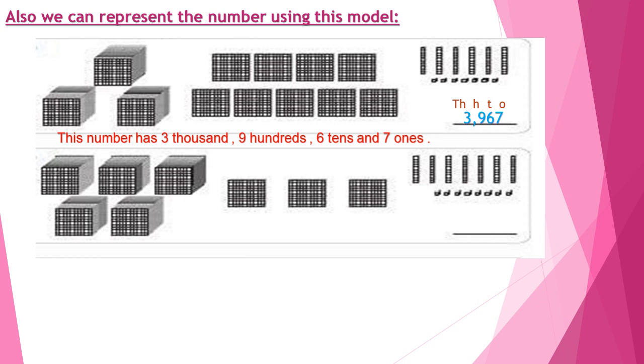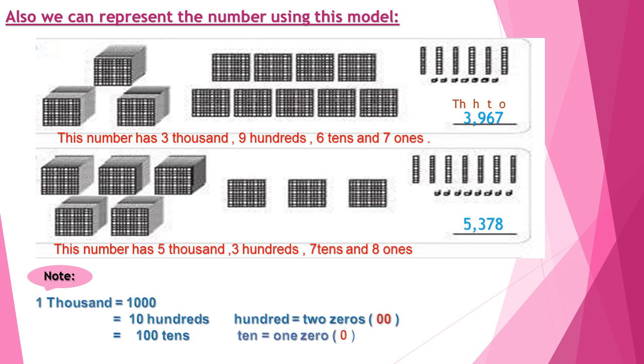Number 2, this number has 5 thousands, 3 hundreds, 7 tens, and 8 ones. Then we write 5 in thousands, 3 in hundreds, 7 in tens, and 8 in ones, and read 5,378.